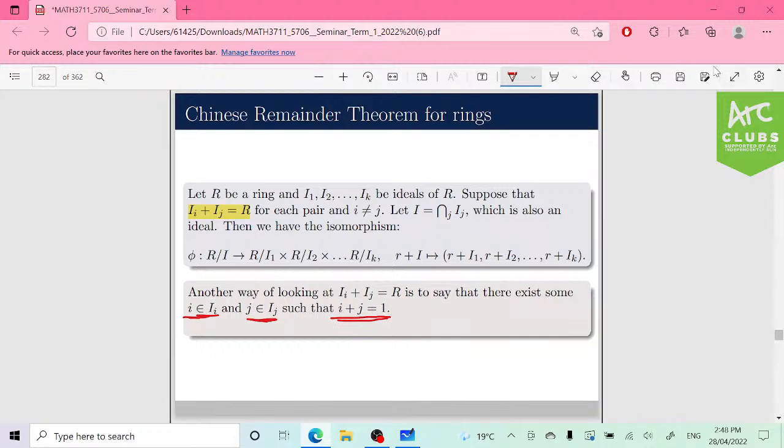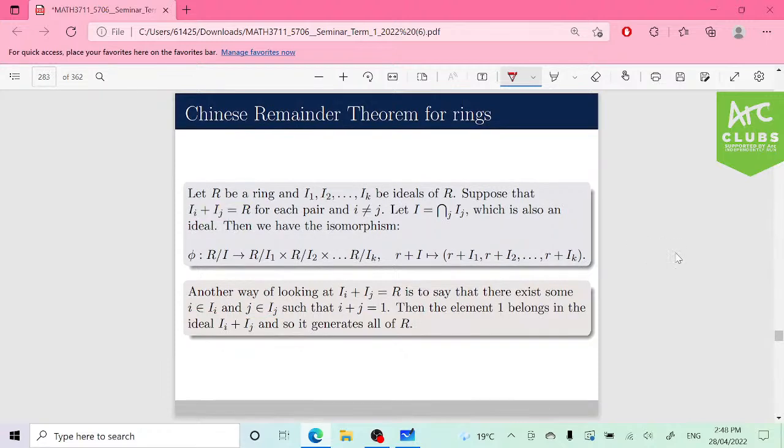Recall that the sum of ideals is an ideal, and if that is the case, then the ideal generated by 1 generates the entire ring. Cool.